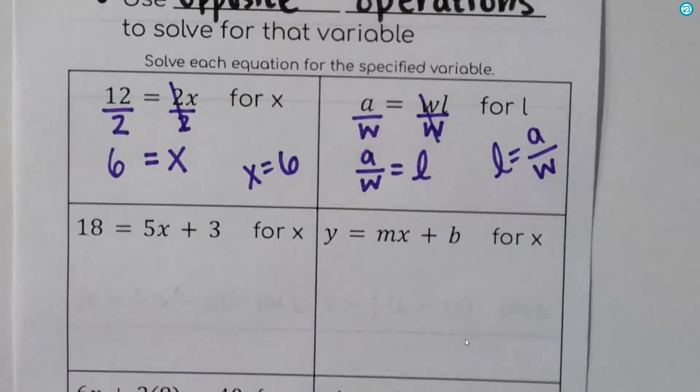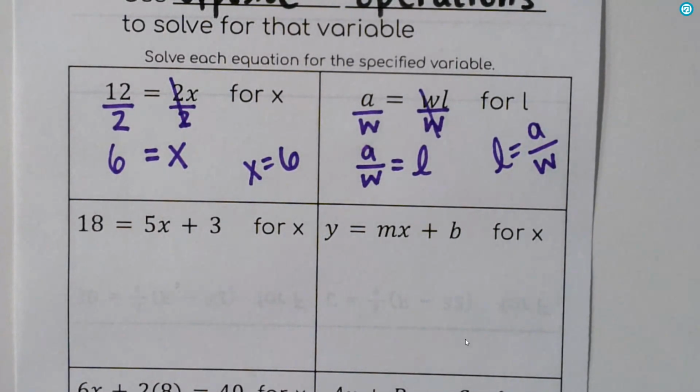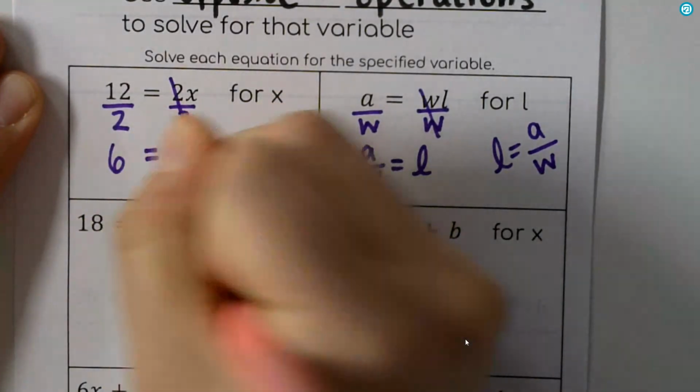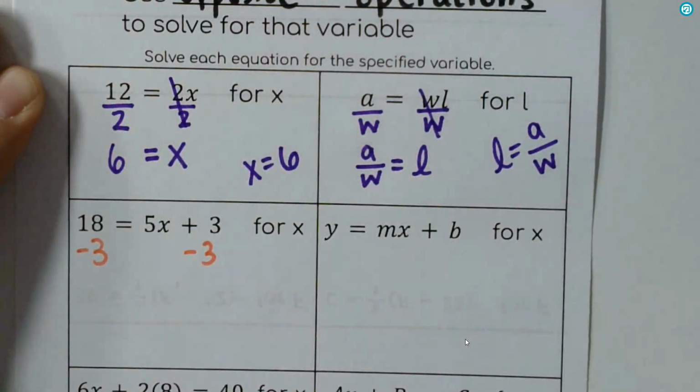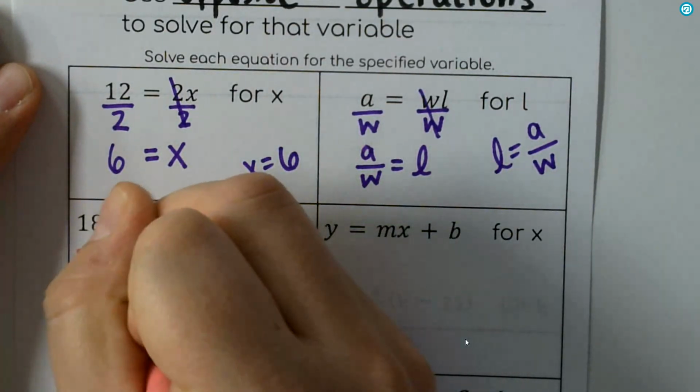Moving on then. We've got 18 equals 5x plus 3. We are going to solve that for x. So we are going to subtract 3 from both sides. 18 minus 3 is 15. That is equal to 5x.